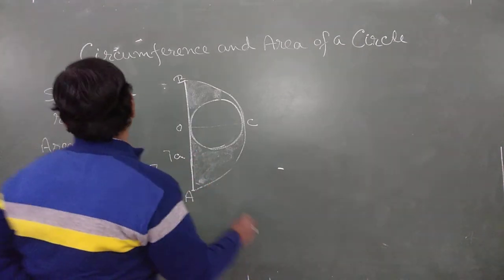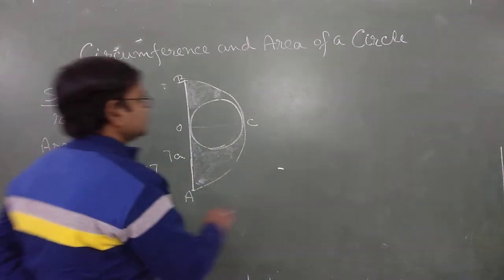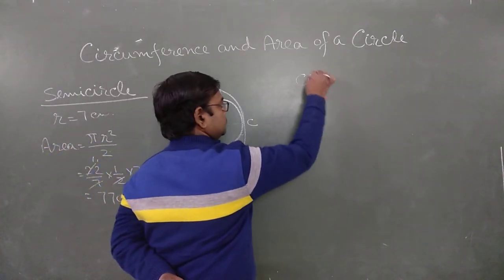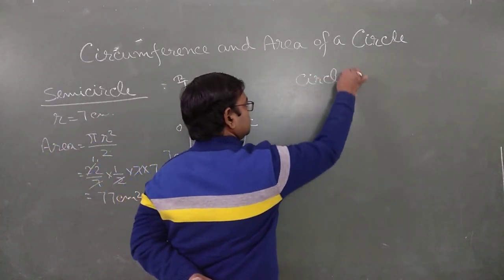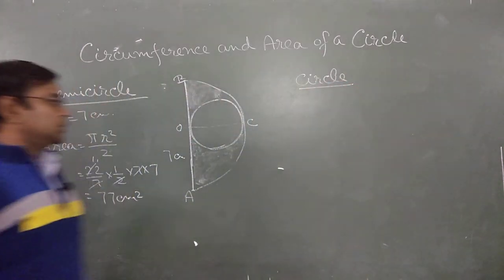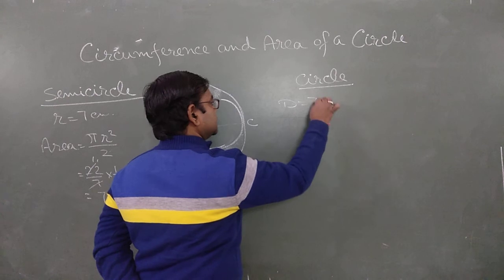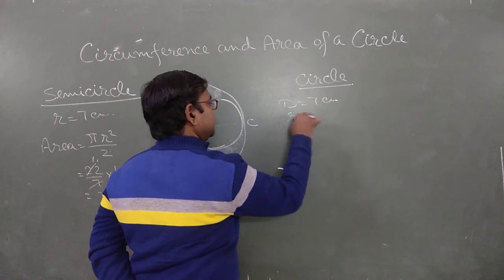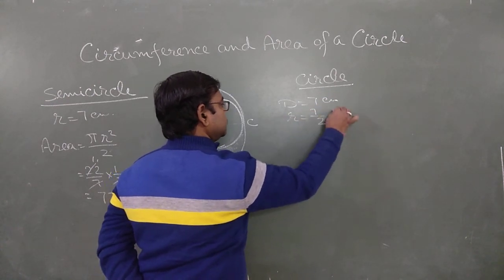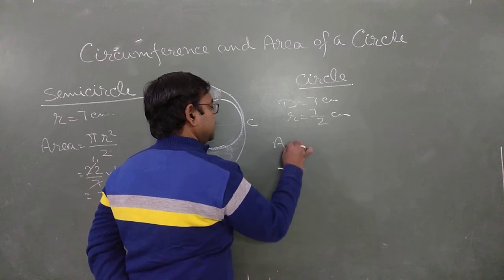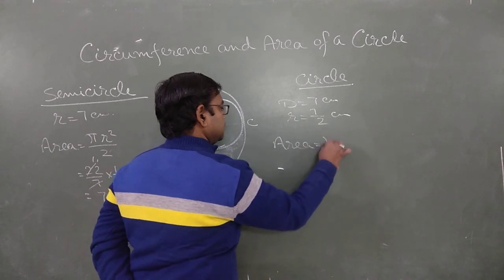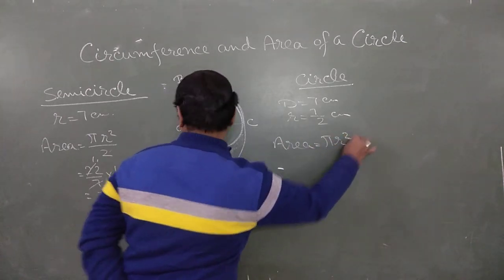What about the circle? In case of the circle, diameter is given, it's 7 centimeter. So radius is 7 upon 2 centimeter. So area is pi r square.